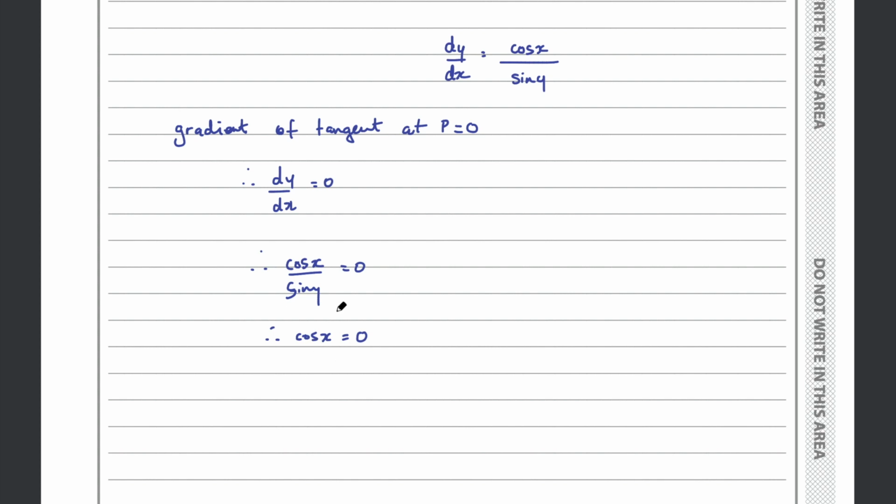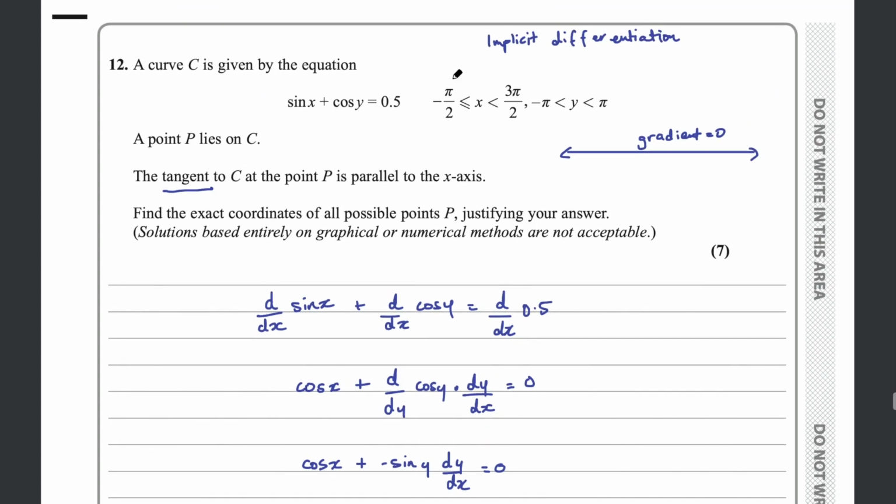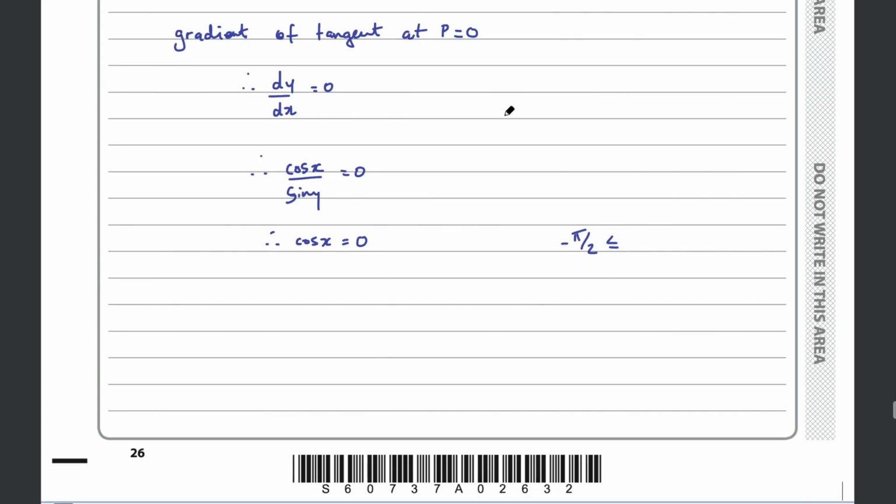And then we can find some x coordinates. So we know the domain of x was negative pi on 2, was it less than or equal to? So x was greater than or equal to negative pi on 2 and less than 3 pi on 2. So that's going to figure into our answers here.